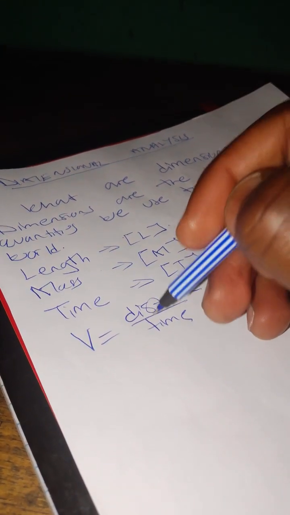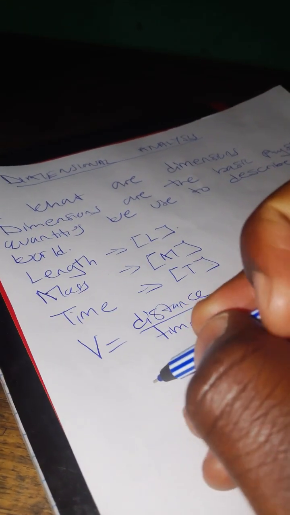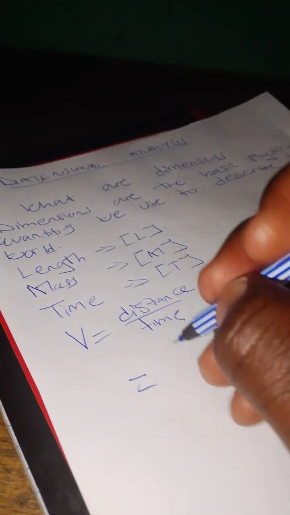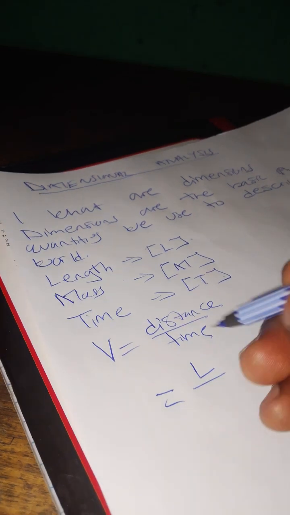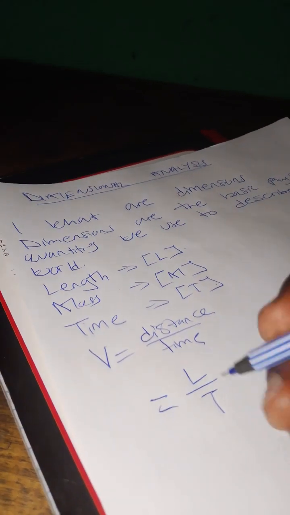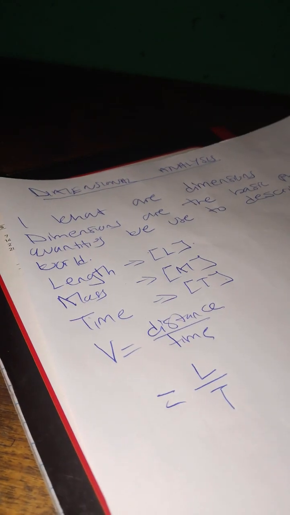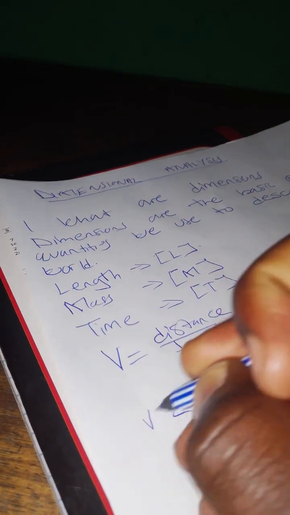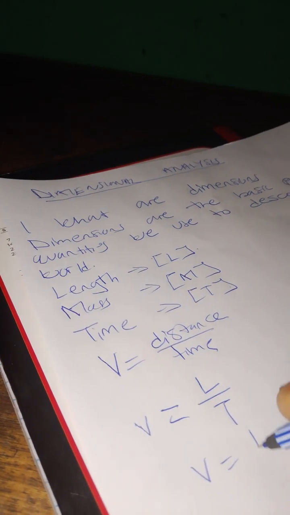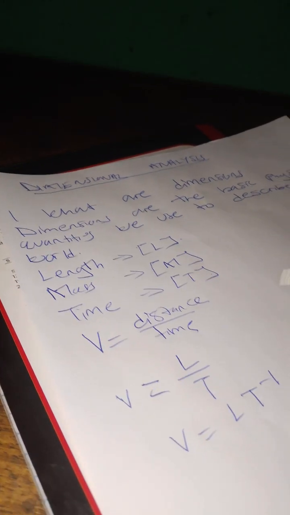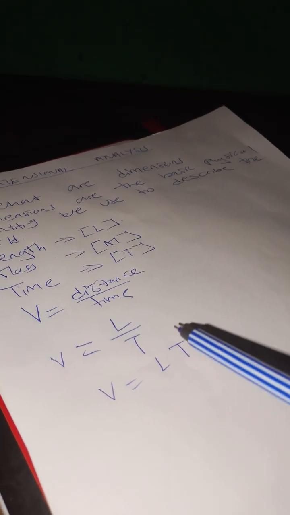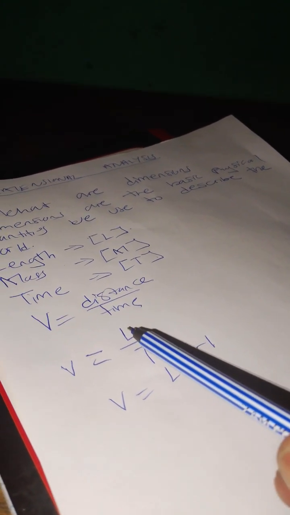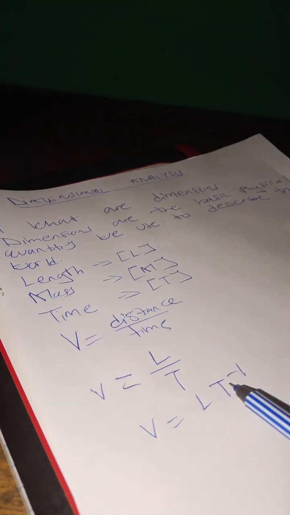Distance goes for length, so you say L over time, which is T. Therefore, the dimension for velocity, V, is equal to L T inverse. That inverse just means the over T. Instead of saying L over T, you are going to say LT inverse.